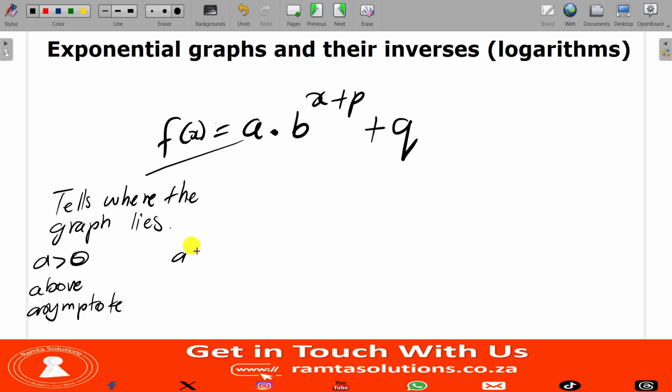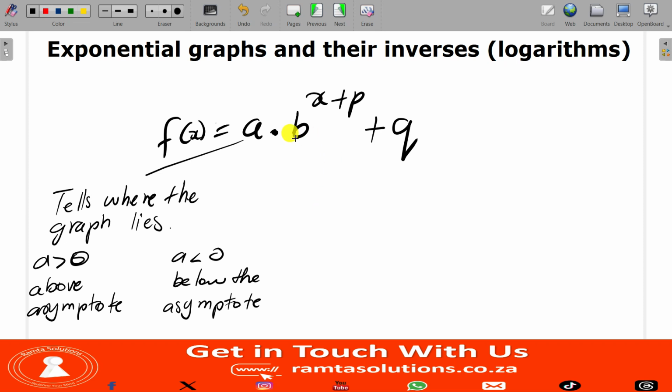And when a is negative, the graph will lie below the asymptote.